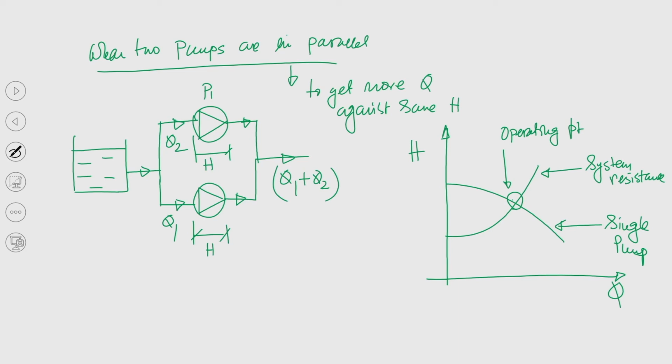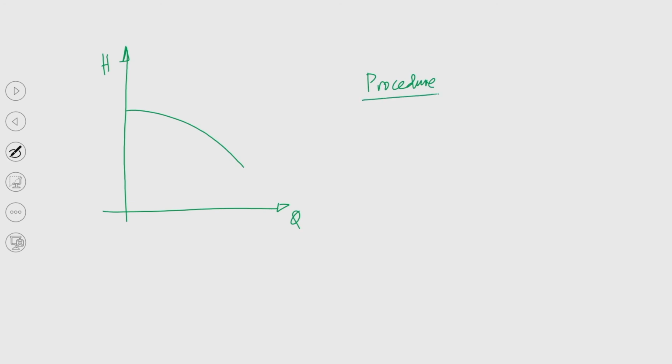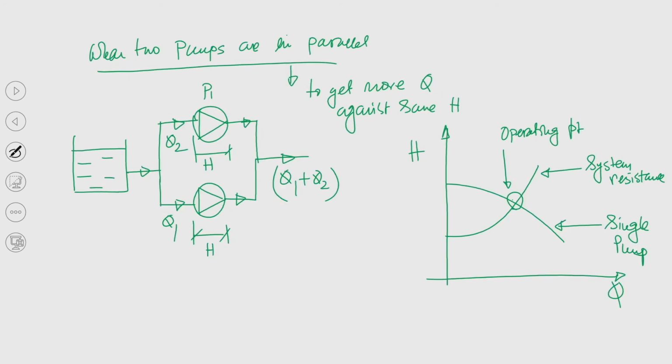Now, if we try to draw when two pumps are connected in parallel. So, basically this is the Q axis, this is the H axis, and say this is the curve for the single pump, right. Now, the procedure is, what I told you, the objective is to get more Q against the same head.